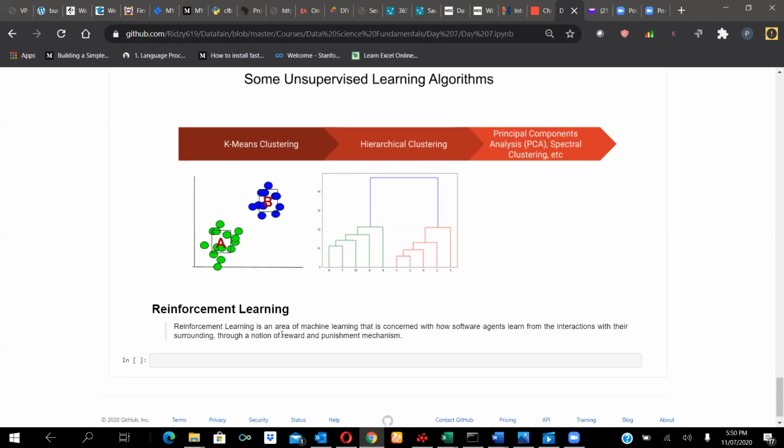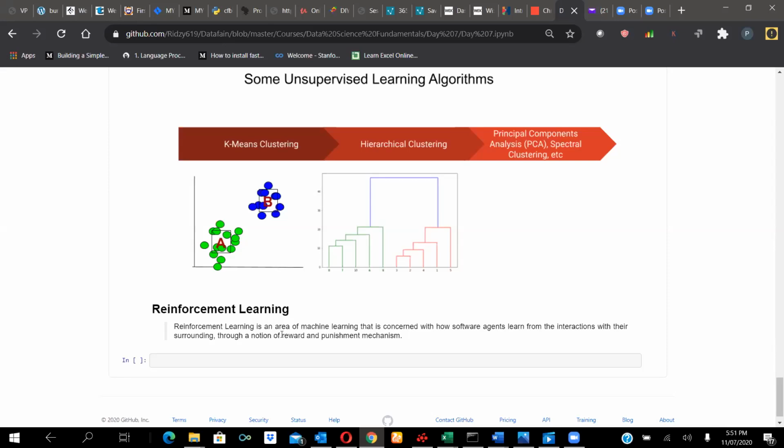It takes suitable actions to maximize rewards in a particular situation. Now, one interesting thing about reinforcement learning is, even in the absence of a data set, the reinforcement learning algorithm is bound to learn from its experience.